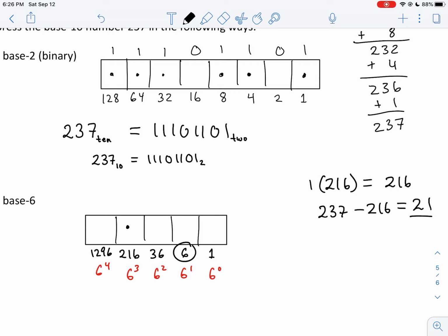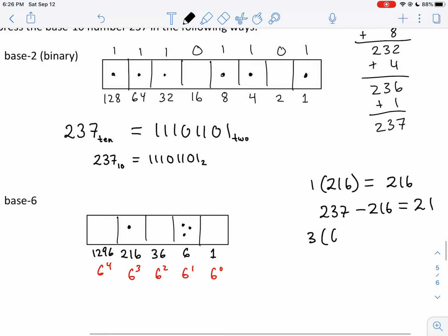However, how many 6s are required to get me as close to 21 as possible? Well, 3 6s will give me 18. So I'm going to put 3 dots here, because 3 6s gives me 18. And let's do this 21 minus 18. That gives me 3 left to deal with.